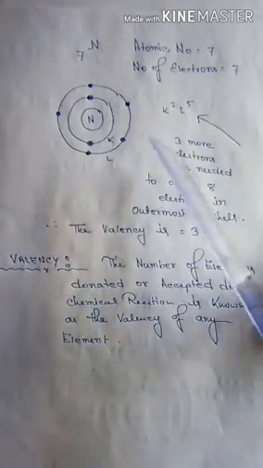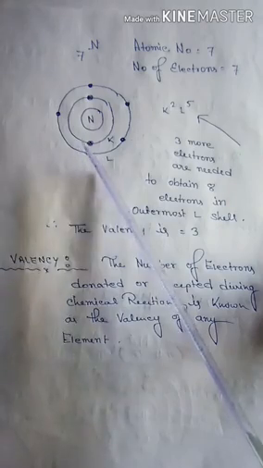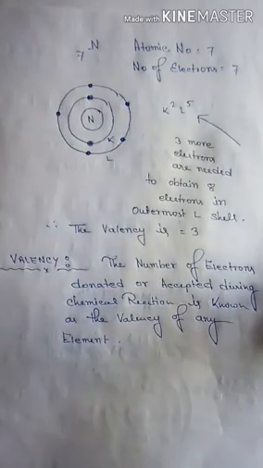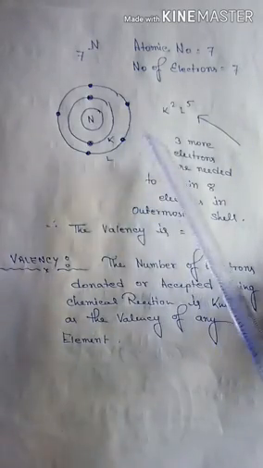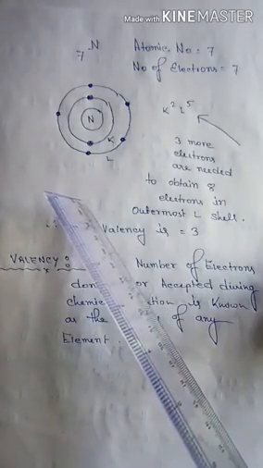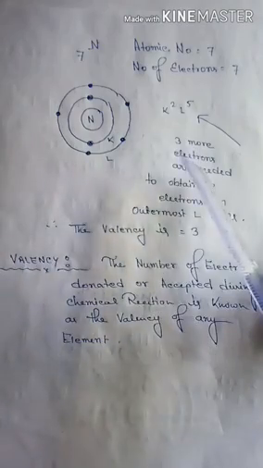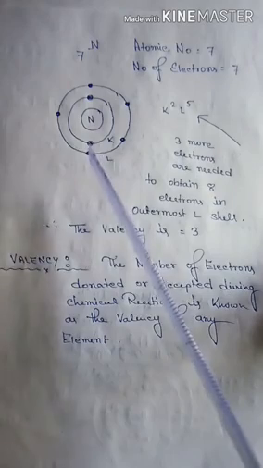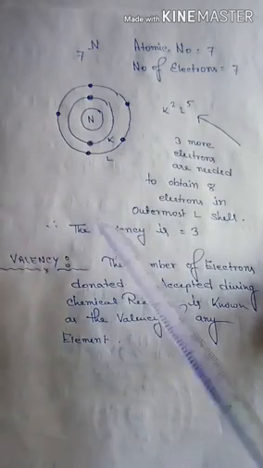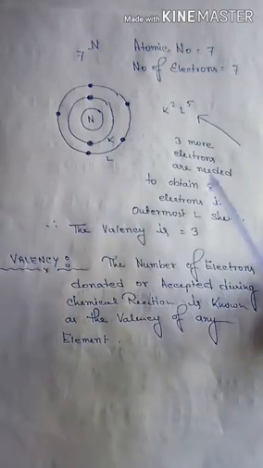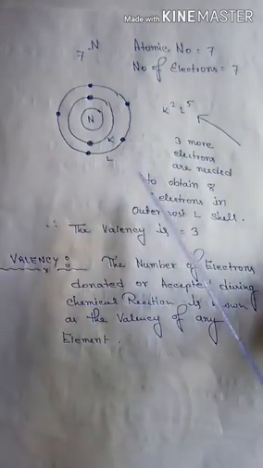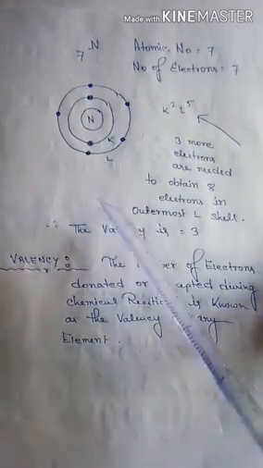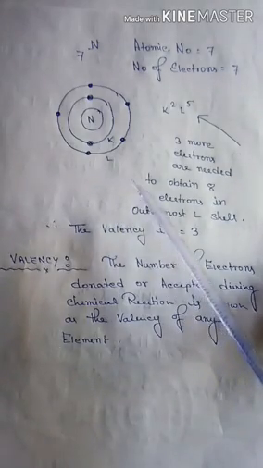Now nitrogen has two choices, right? It can donate 5 electrons or it can accept 3 electrons, right? So accepting 3 electrons is much easier. It consumes less energy, right? Therefore the valency should be 3, as it is accepting 3 more electrons to achieve 8 electronic configuration in its L orbit.